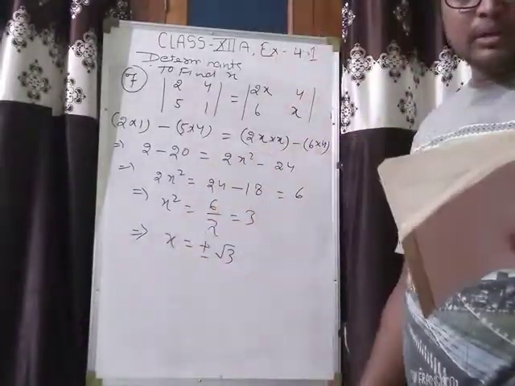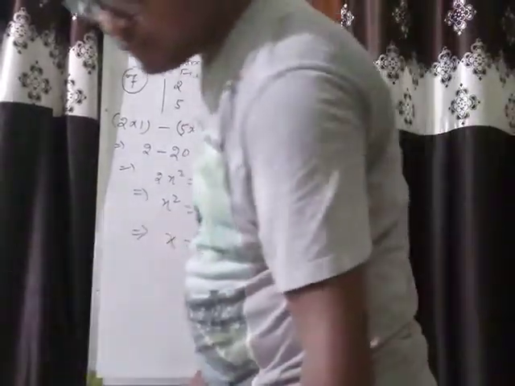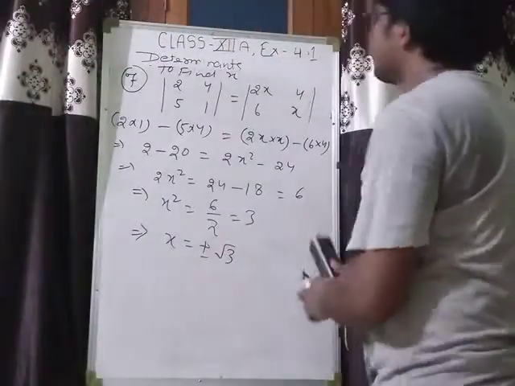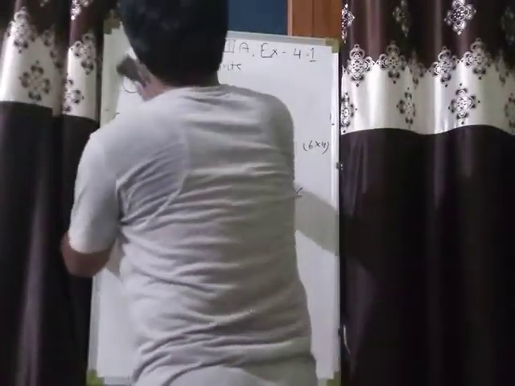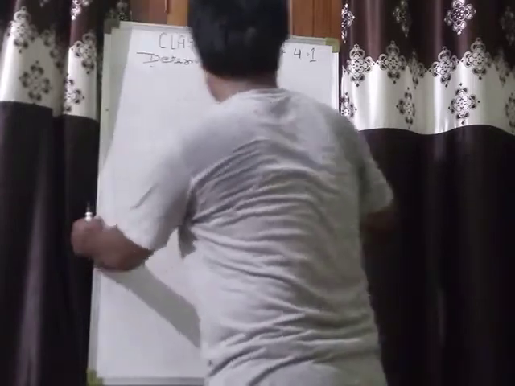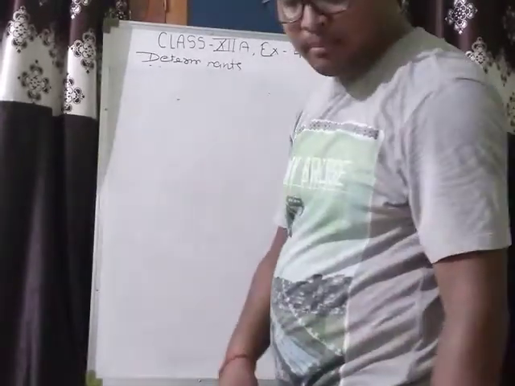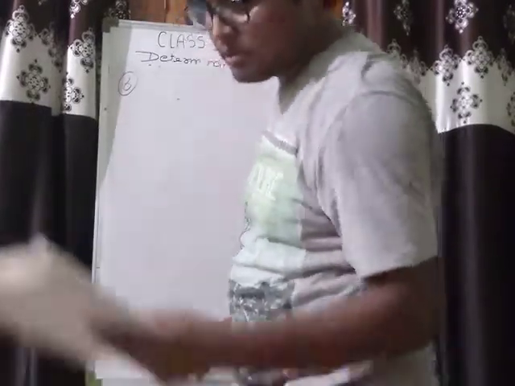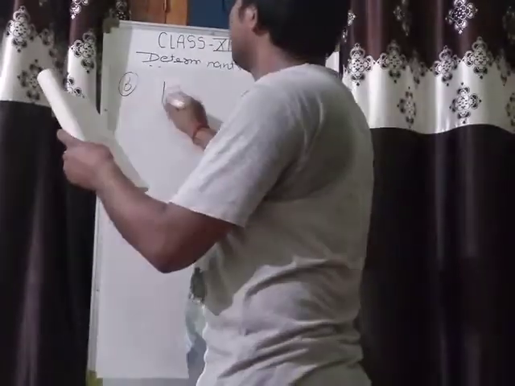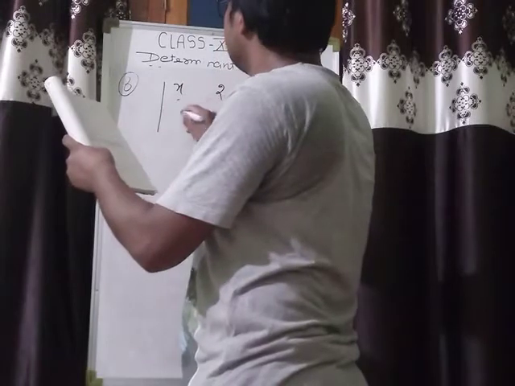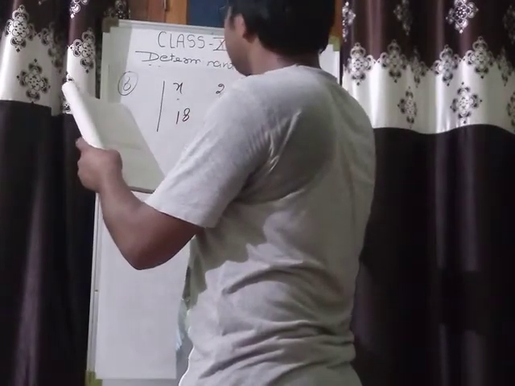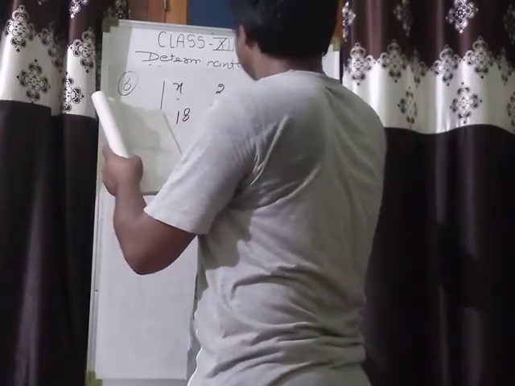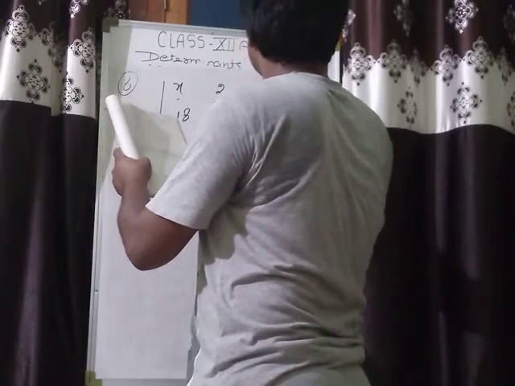Now question number 8. The last question of this exercise. Question number 8. The same type question. If this is x 18, x equal to 6 18, 6.